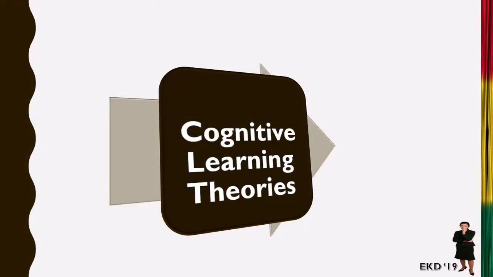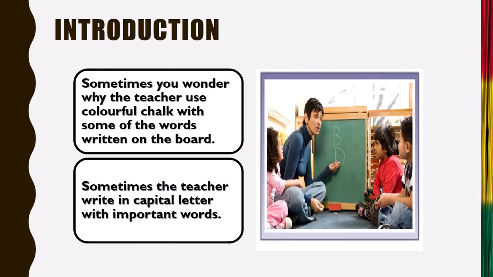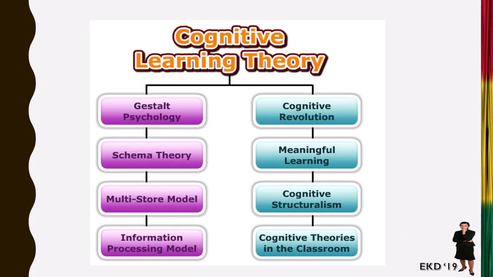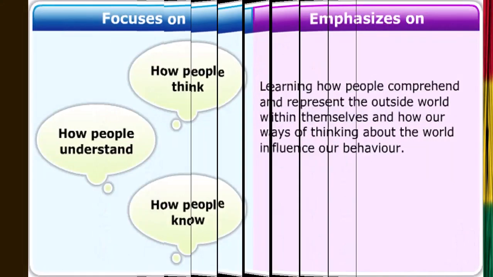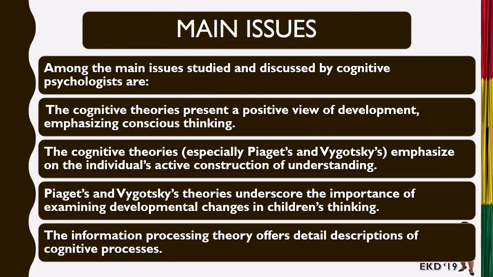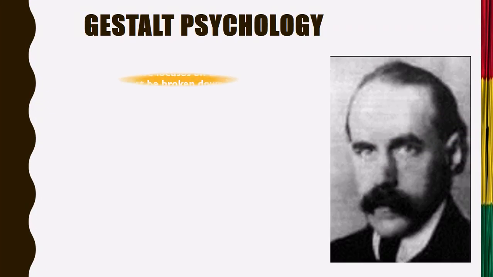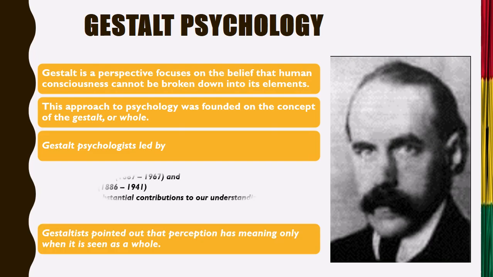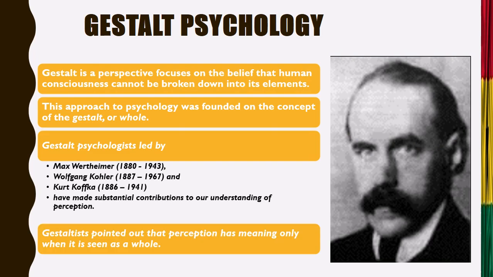So, we are learning cognitivist. Then we look at the introduction, and we look at the main issues. Now, when you are doing this step by step, you have organized it, and the learner is able to learn because he knows where to start and end.